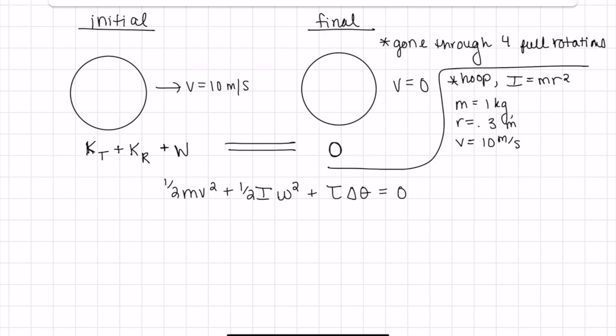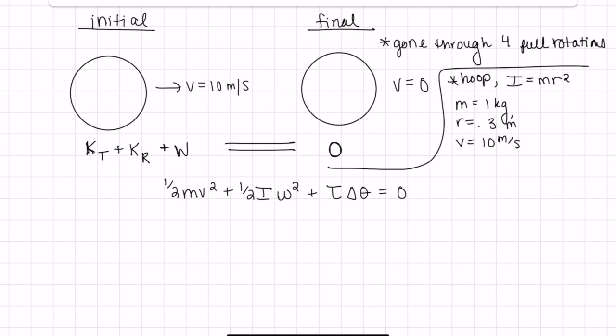But because the moment of inertia is related to mass and radius, and also omega is related to v and radius, we can get things in like terms and solve this problem. There's a lot of interconnected variables once we get to rotational and translational stuff.